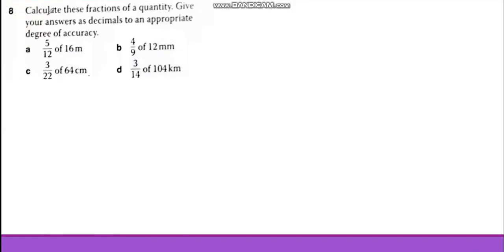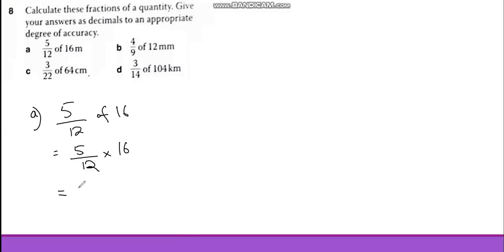In this question, they want us to calculate these fractions of a quantity and give our answers as decimals to an appropriate degree of accuracy. So we can give our answers as decimals now. It's 5/12 of 16, meaning 5/12 times 16. We can use the calculator to find the answer.